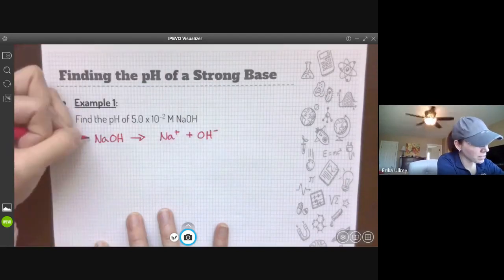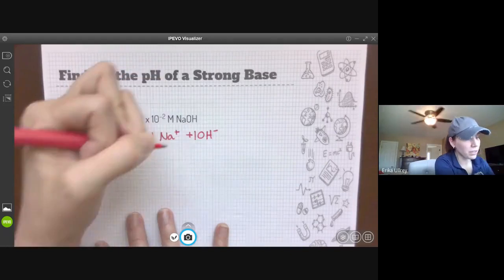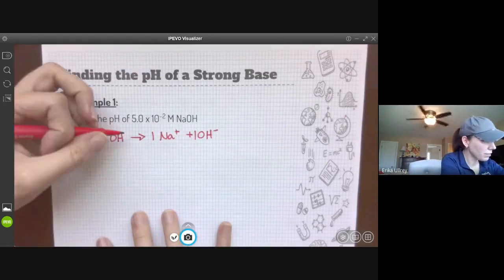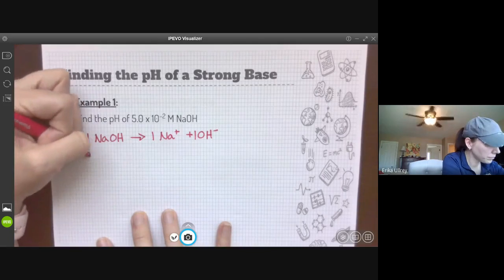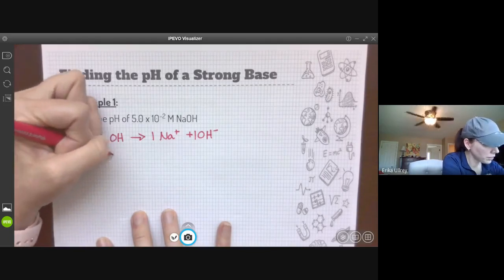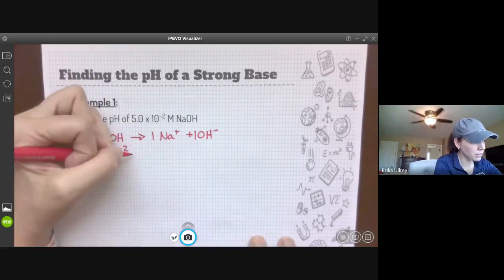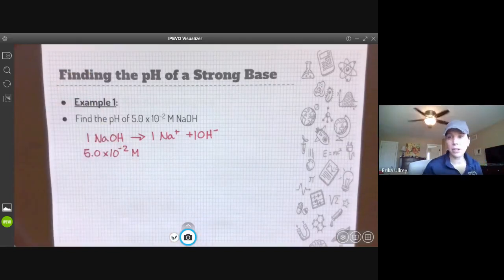What's nice about this is it's all 1-to-1-to-1, only 1 hydroxide. So the concentration of NaOH is 5 times 10 to the negative 2. What is going to be our concentration of OH in this solution? Connor, what's going to be the concentration of the OH?